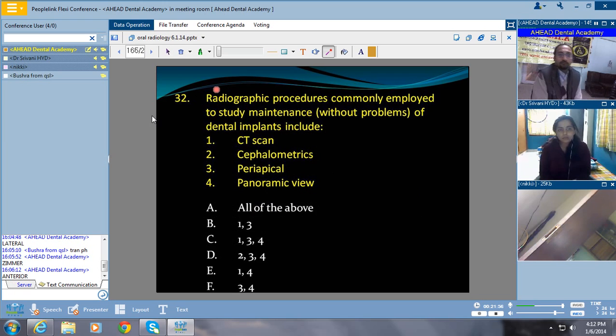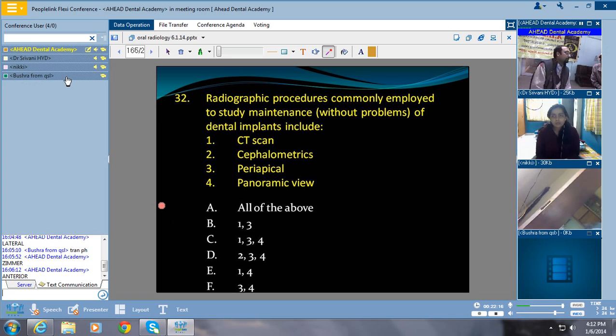Next question. This is a slightly difficult question. Radiographic procedures commonly employed to study maintenance without problems of dental implants include? Well, CT: if a patient is absolutely normal, you will never do a CT scan.